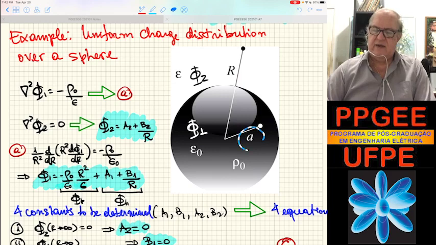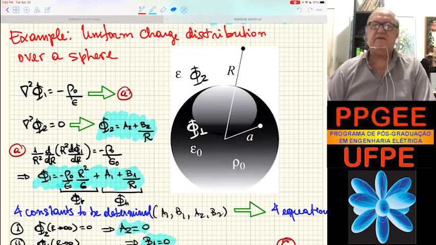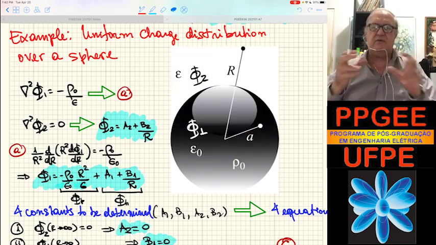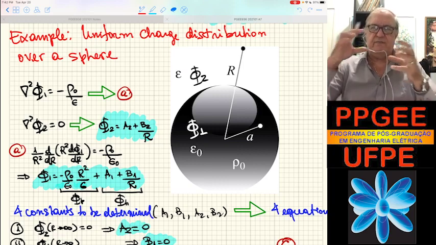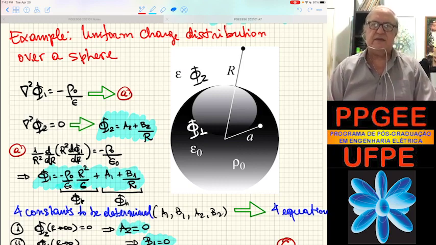Inside of the sphere you have charged dust. So you pulverize the region with charged dust.